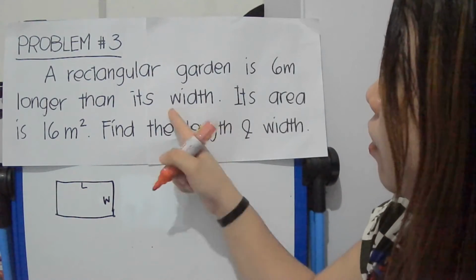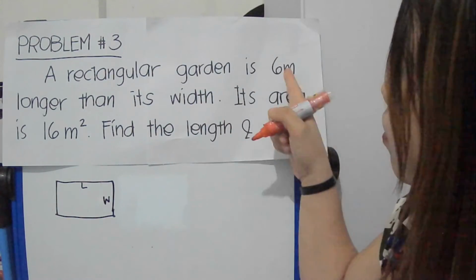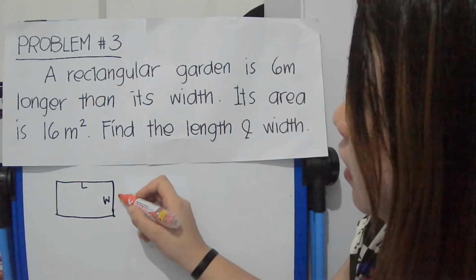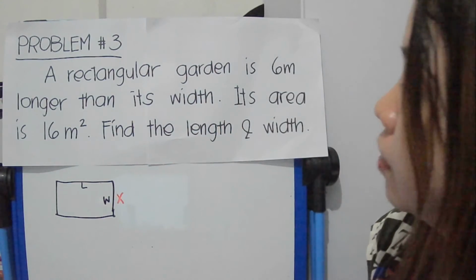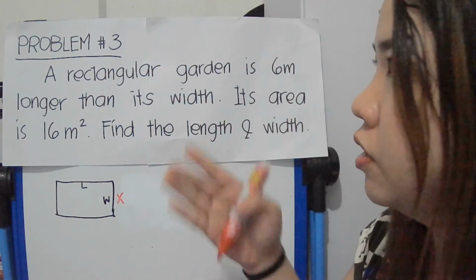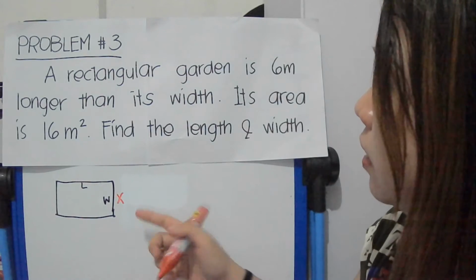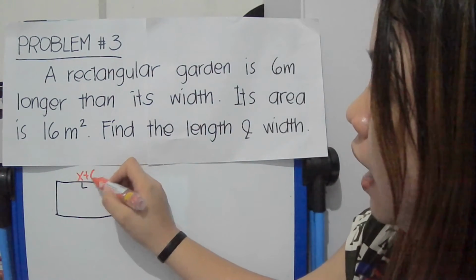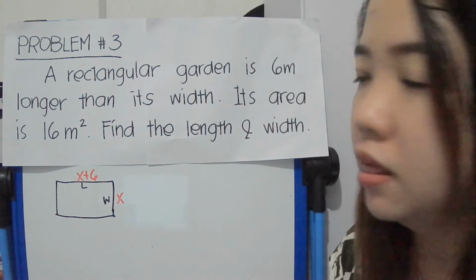So, yung part na to, ang dumedepende yung length dun sa measure ni width. So, kung sa kanya dumedepende, sa kanya ilalagay si variable. So, to get your length, 6 meters or 6 units longer than the width. So, ibig sabihin, if your width is x, dagdagan mo siya ng 6 para yun yung length.